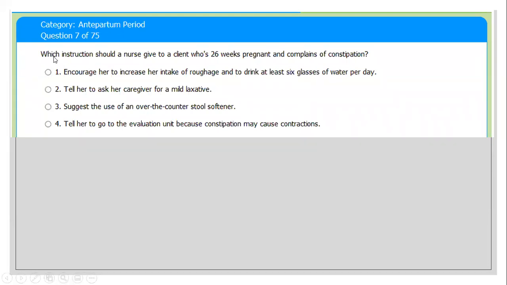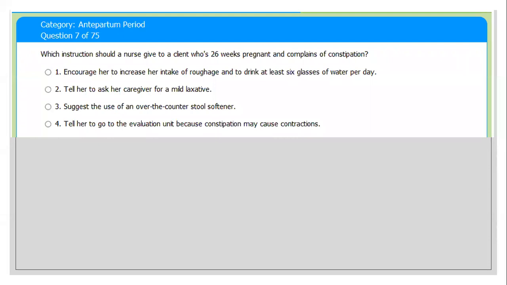Next question: which instruction should a nurse give to a client who is 26 weeks pregnant and complains of constipation? Number one, encourage her to increase her intake of fiber-containing food or drink at least 6 glasses of water per day.